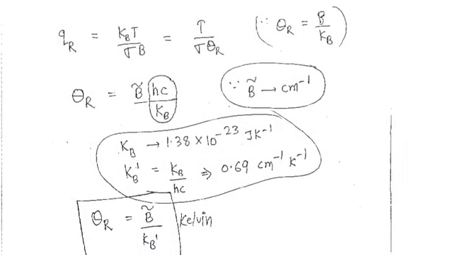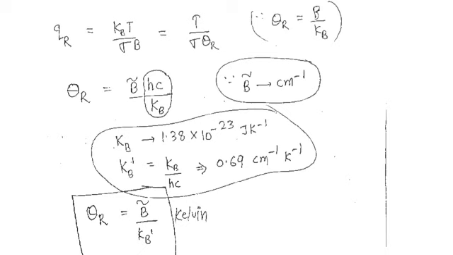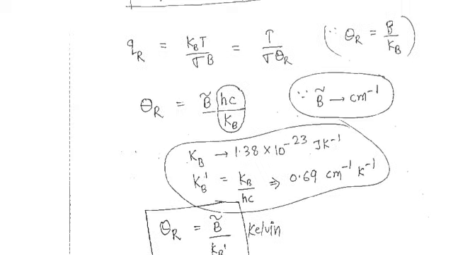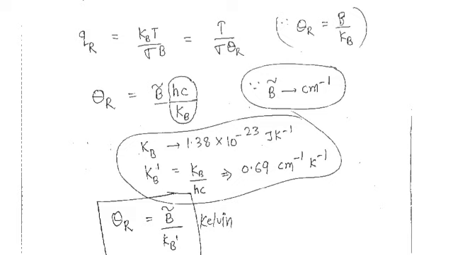Now one more expression here. What is given to us, that we know that theta r equals B upon Kb. Alright, so B in joule, when we convert it in centimeter inverse, becomes BHC. Alright, so upon Kb.